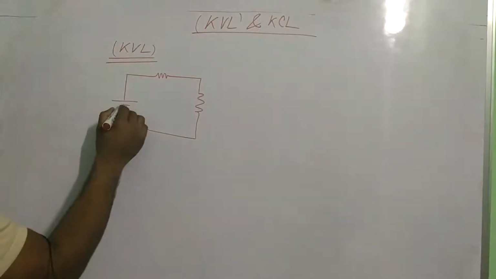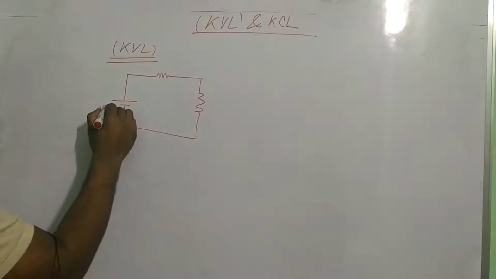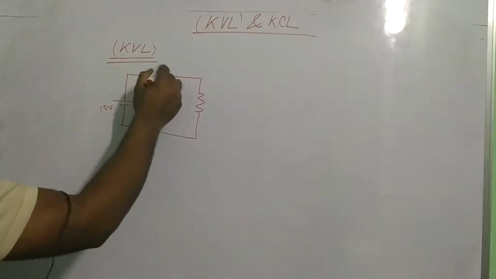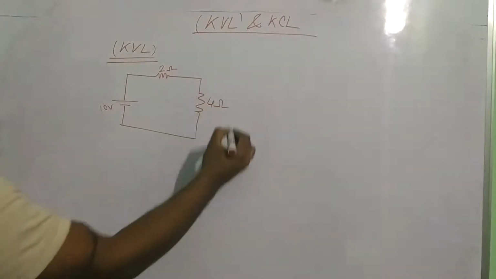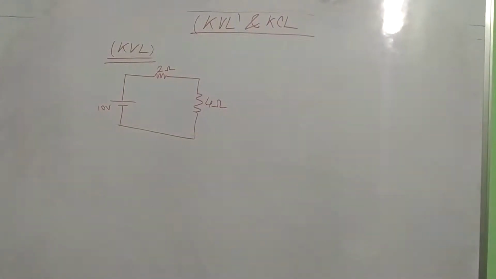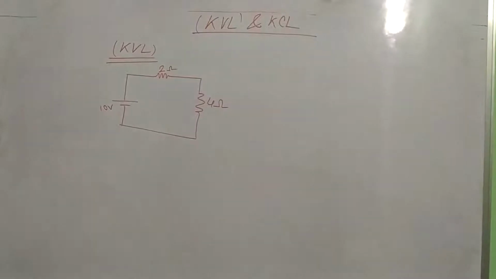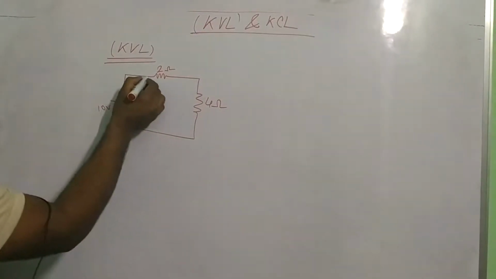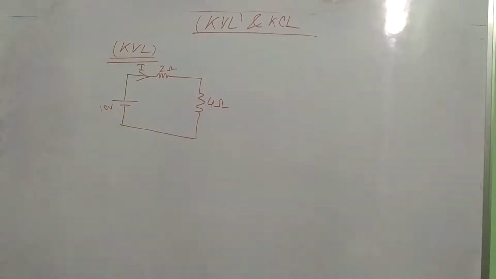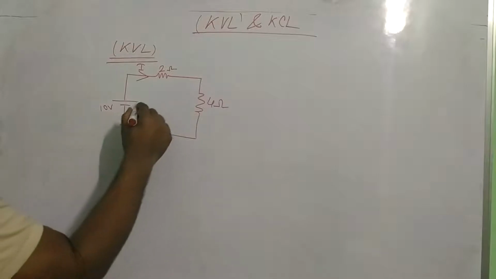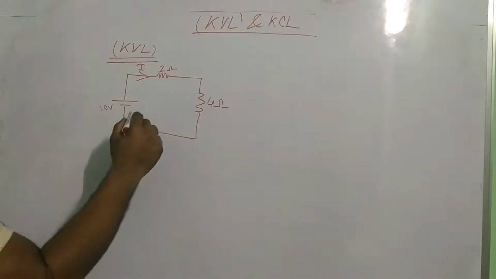Suppose the supply voltage is 10 volt, this resistance is 2 ohm and this is 4 ohm. If I want to find the value of current I, then I apply KVL.